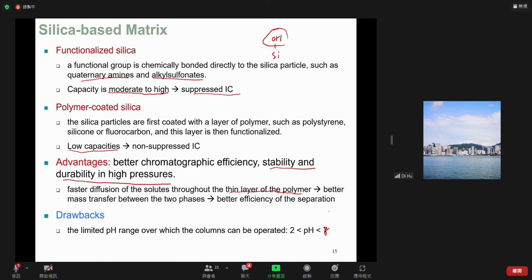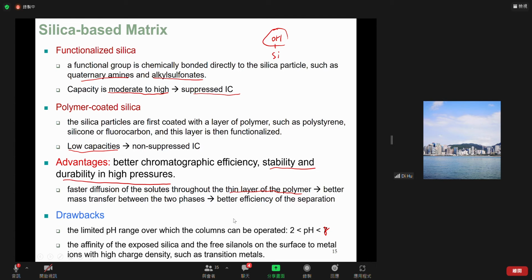That is way higher than the silica particle can handle. So obviously this silica-based matrix won't be suitable for that. So this is one very severe drawback for this silica-based particle matrix. Another drawback is because there are many of the silanol groups.